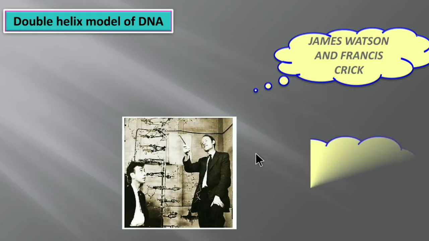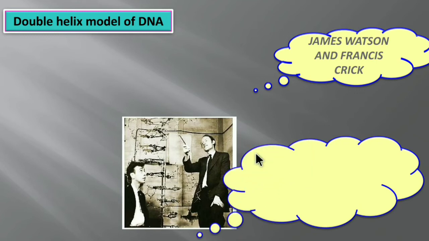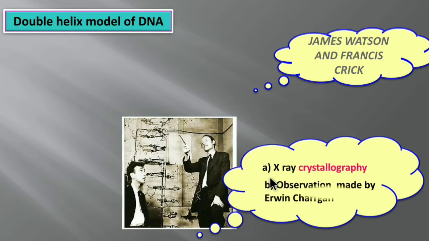They proposed the double helix model based on two observations. The first observation is X-ray crystallography, and the second one is the base equivalence rule, an observation made by Erwin Chargaff. Let us start with the first one, X-ray crystallography.